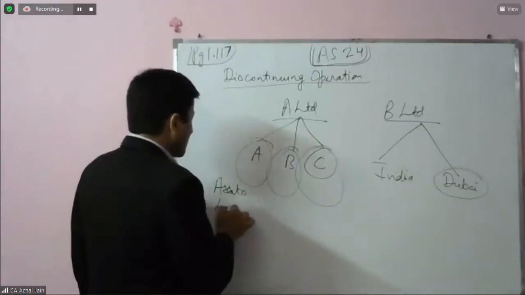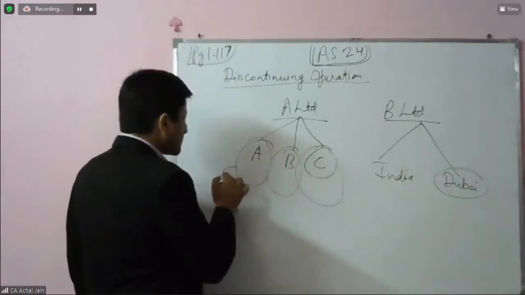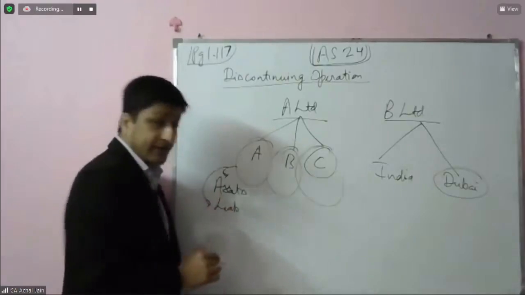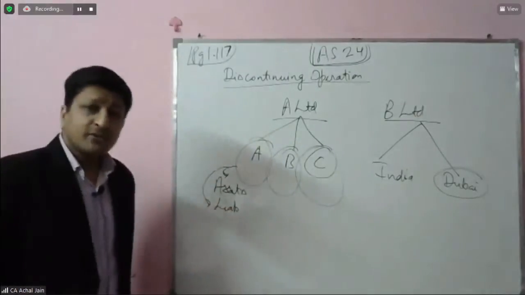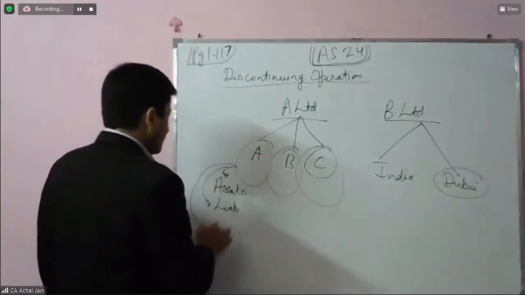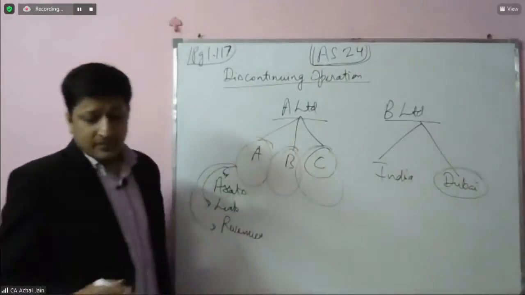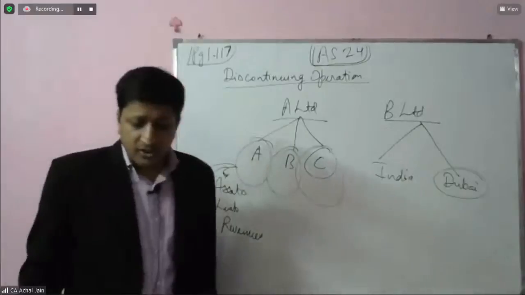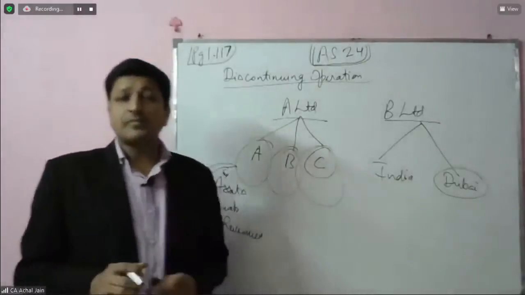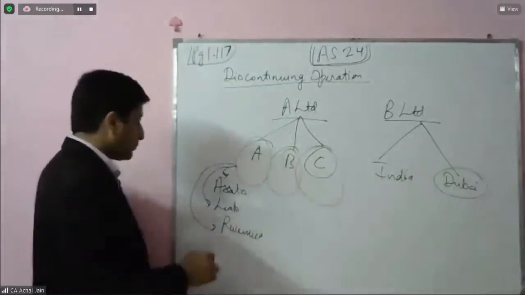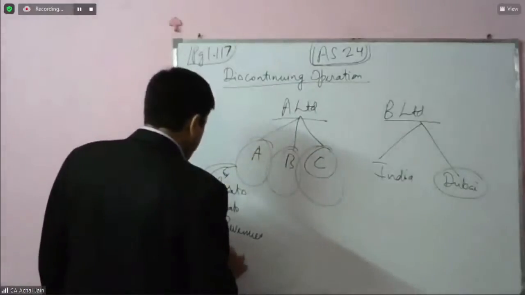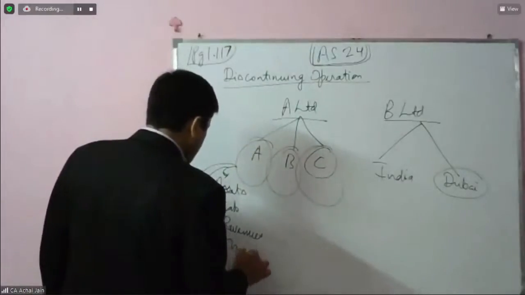So you can say assets and liabilities of each operation can be identified. Its revenues can also be identified separately. And at least a majority of its operating expenses can be directly attributed, the major operating expenses.